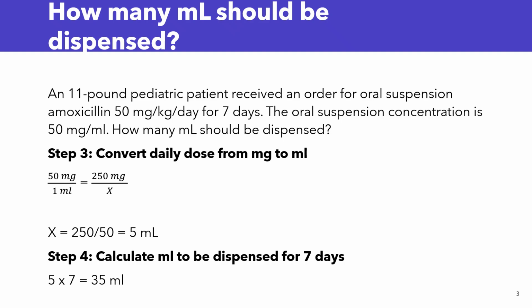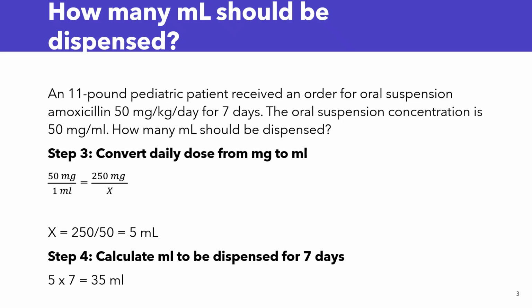But we're not done here. So this is why you need to pay close attention to what is being asked. Now, if the problem was asking how many ml will the patient be taking per day, then this would have been the final answer, 5 ml. But this is not what we're being asked here. The question is, how many ml should be dispensed?